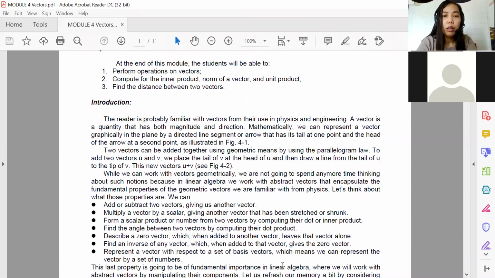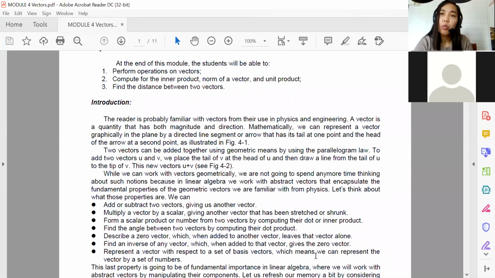And then describe and find an inverse of any vector which when added to that vector gives the zero vector. So it's just the same also with the properties on real numbers that when we add two numbers by its opposite, so it's like a plus negative a, so the opposite of a is negative a, the answer is zero.